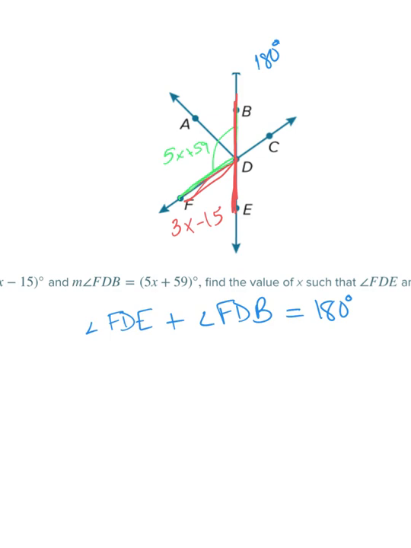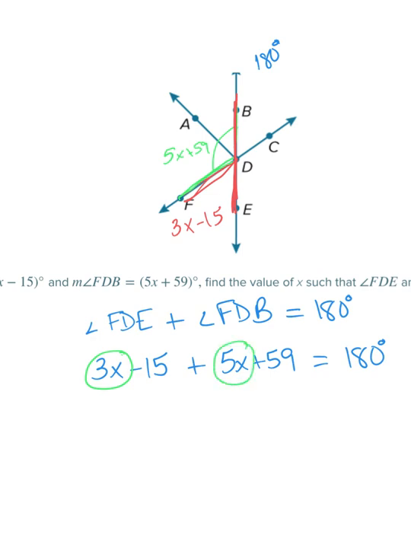So from here, we're going to substitute in our algebraic expressions. So 3x minus 15 plus 5x plus 59 equals 180. Now once I've substituted in my values, I can then combine like terms. So you notice I have 3x and 5x, and I have negative 15 and a positive 59. So I'm going to add those together.